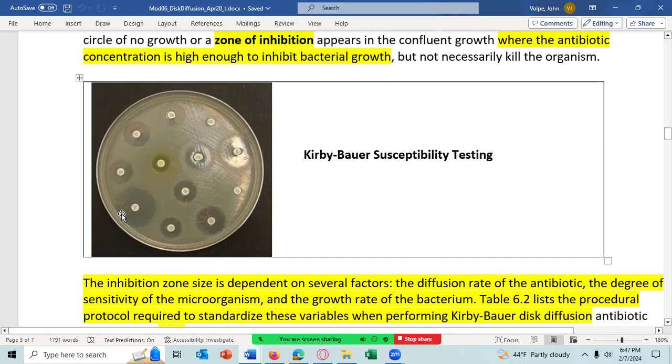But let's say you have a very small antibiotic. It's going to diffuse very rapidly and further in the agar than a very large antibiotic. And then there's a few other factors that come into play, such as the growth rate of the bacterium. Table 6.2 lists the procedural protocols required to standardize the variables that will affect the size of the zone of inhibition when performing the Kirby-Bauer disk diffusion method.